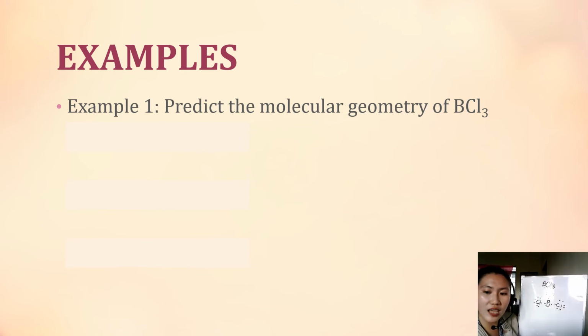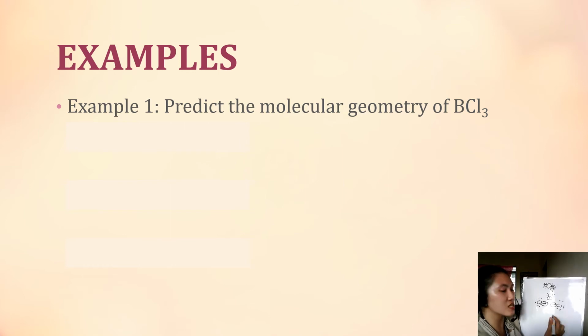So now let us bond this together. Let us bond this one, this, and this. So they are now sharing their electrons. Let us count the paired electrons. 1, 2, 3. So the shape is triangular planar.